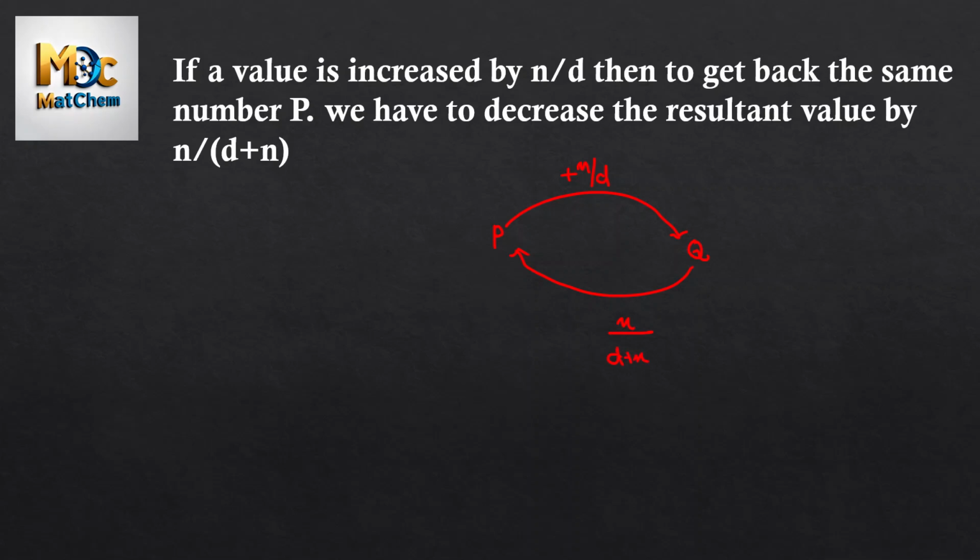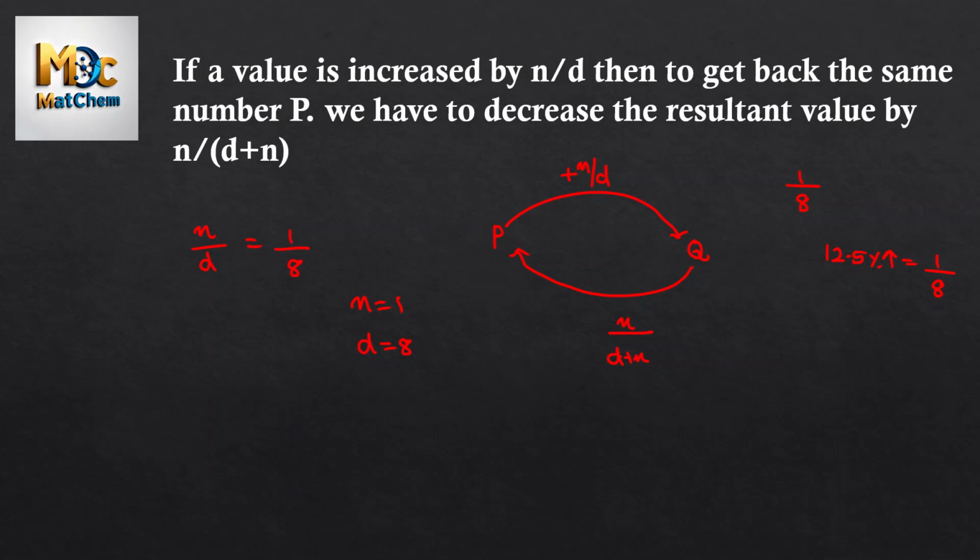You might have a doubt: whenever an increase is happening, how can it be a fraction? There is a video connecting the relationship between fraction and percentage. For example, a 12.5 percentage increase is nothing but 1 by 8. So if n by d is equal to 1 by 8, then n is equal to 1 and d is equal to 8.